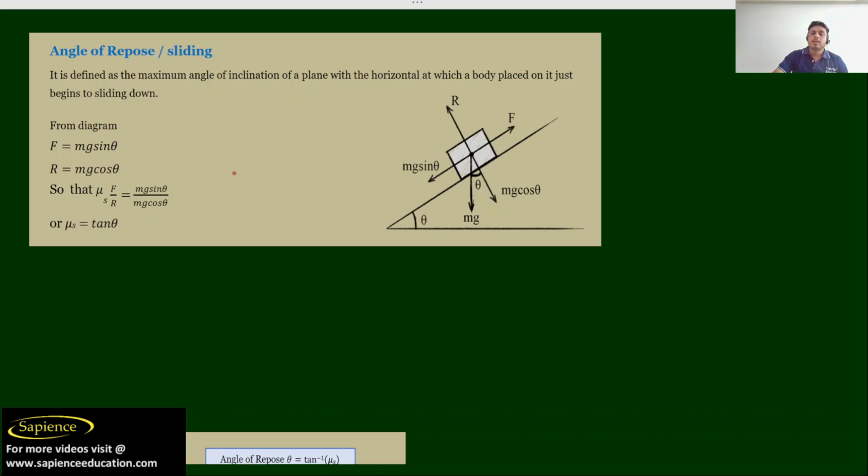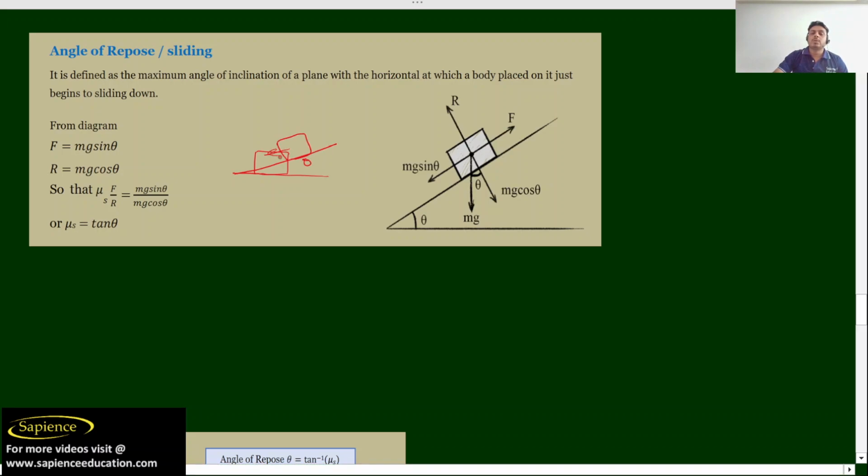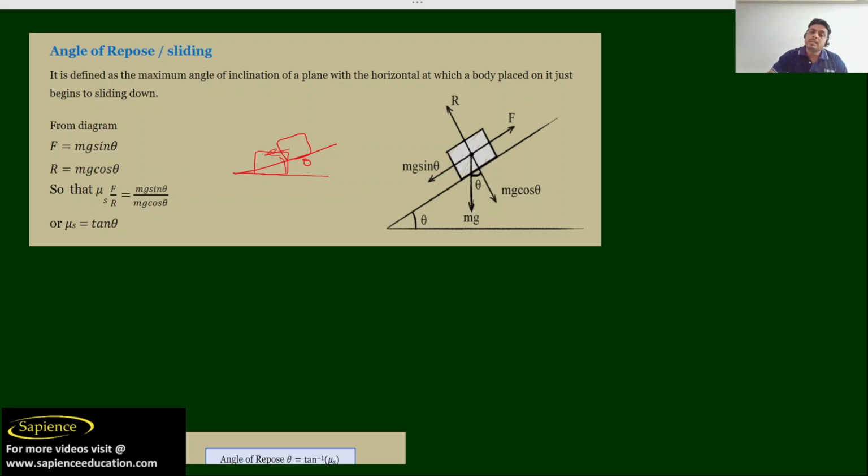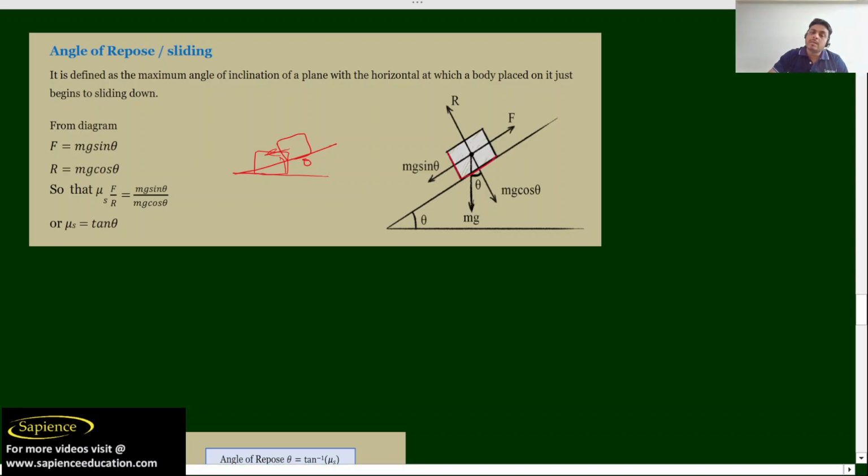See here, let us consider an object kept on a horizontal table, so no sliding happens. But if I increase its angle, what will happen? It may try to slip, and the angle at which it just starts slipping is known as the angle of repose or angle of sliding. So see here, in this the object just starts moving down.